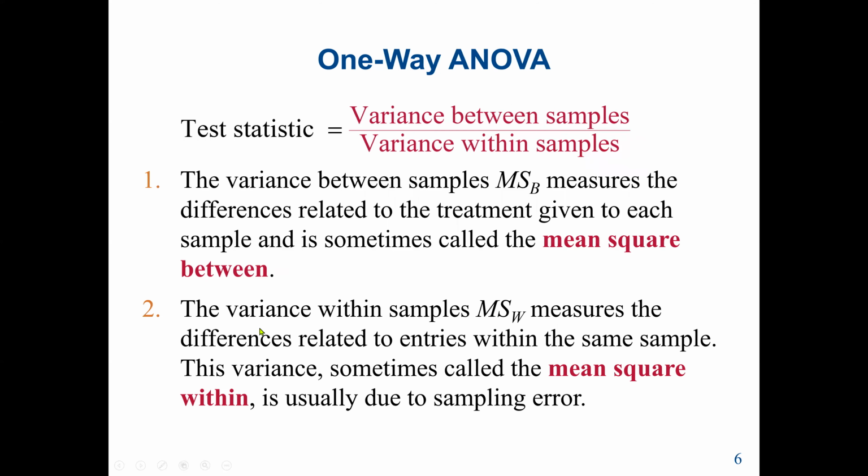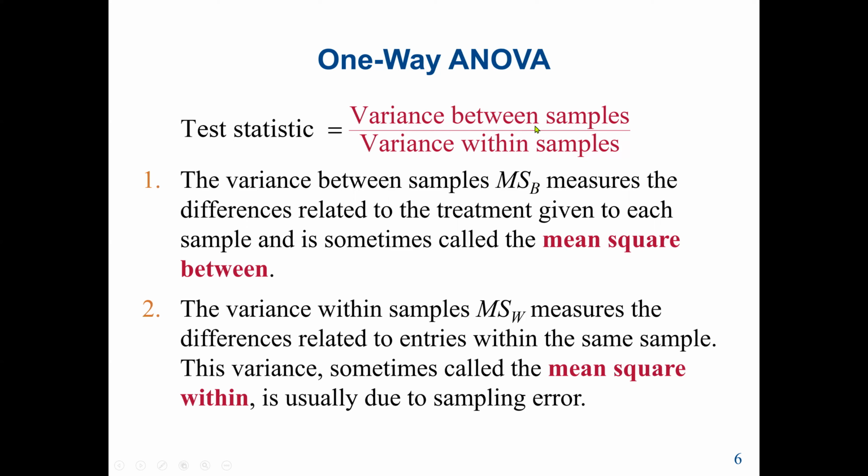Then we also have the variance within samples, which is mean square within. This measures the differences related to the entries within the sample. The between is the differences related to the treatment given to each sample, not within the same sample, and that's why it's called between.